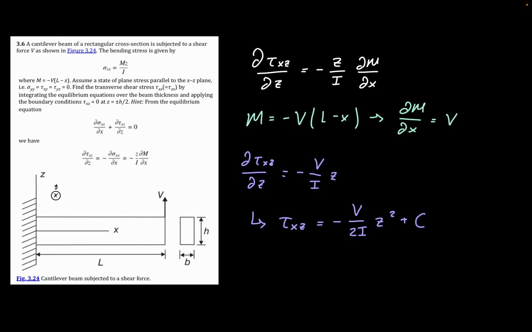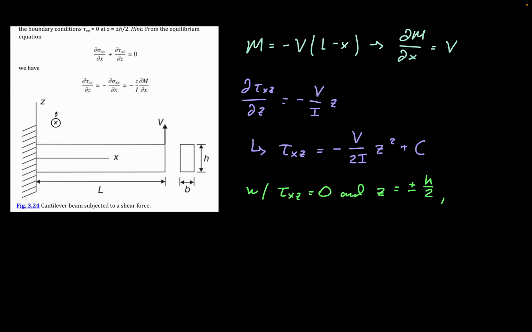So now, the way we can get rid of this constant C is they actually give us the boundary equation, which we can check to. So with tau xz equal to 0 and z equal to plus minus h divided by 2, we can essentially replace these values.